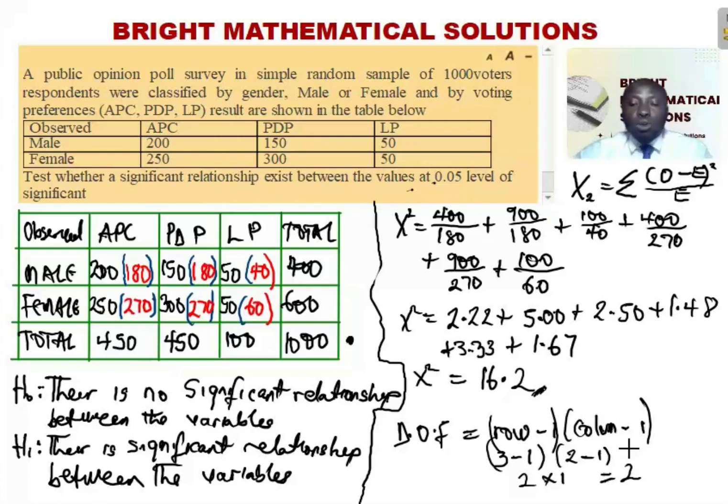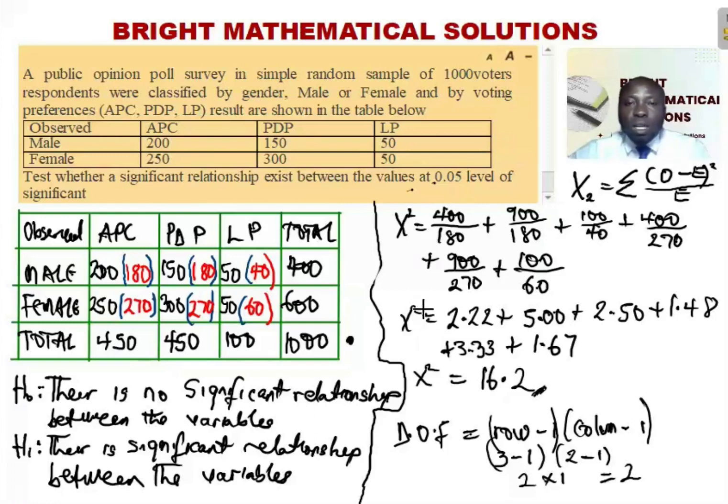So we are now going to our chi-square table, which I have with me here. So I'm going to look for under 0.05 because we are given 0.05. So under 0.05, what is our tabulated? We are looking for 2 under 0.05.